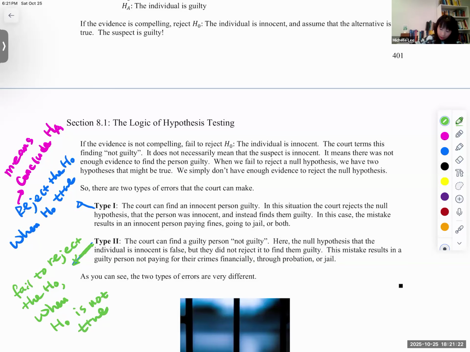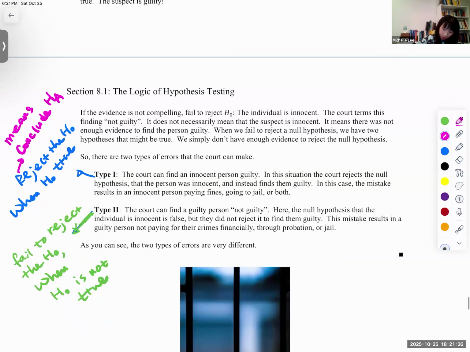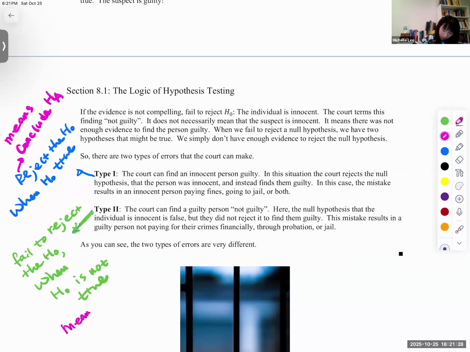That means we fail to reject, so they conclude the null hypothesis.